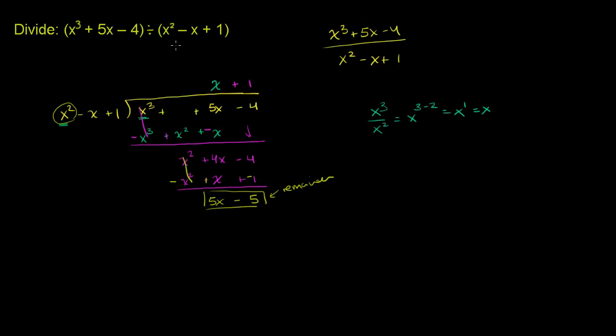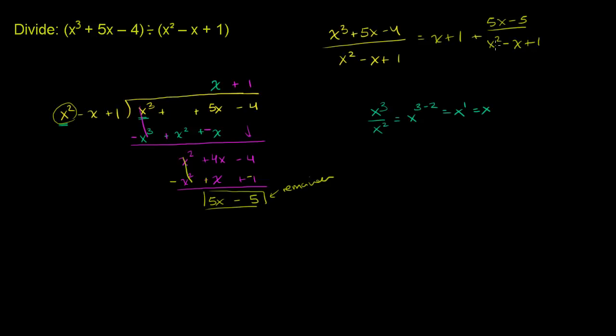So the answer to this expression right over here is equal to x plus 1, plus the remainder, 5x minus 5, divided by x squared minus x plus 1.